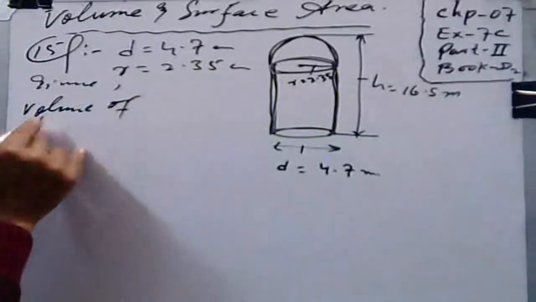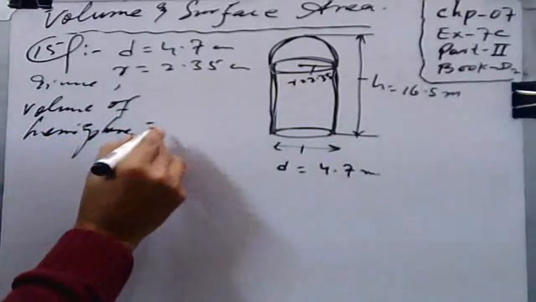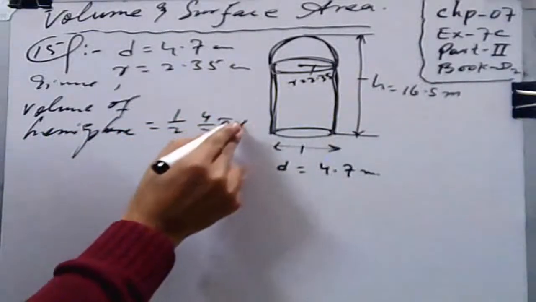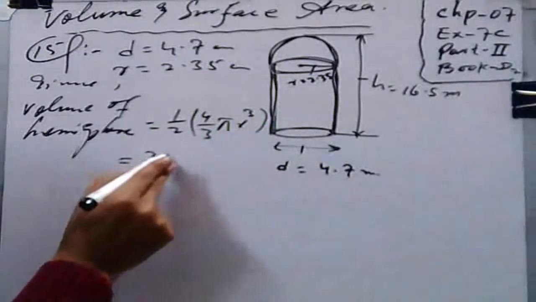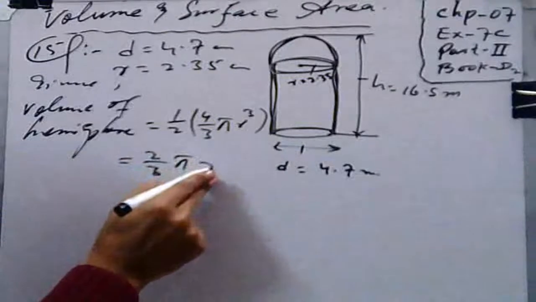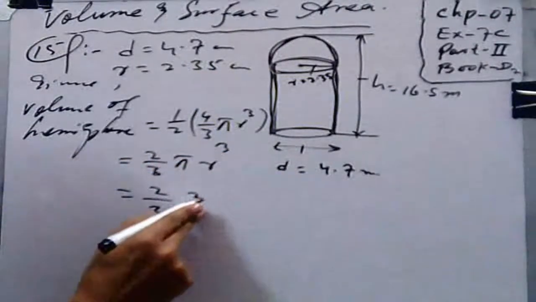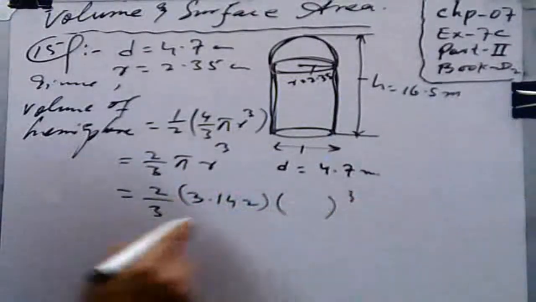The value of pi is known, and the value of r is 2.35. After simplification you will get 27.19 meter cube. So the volume of the hemisphere is this.